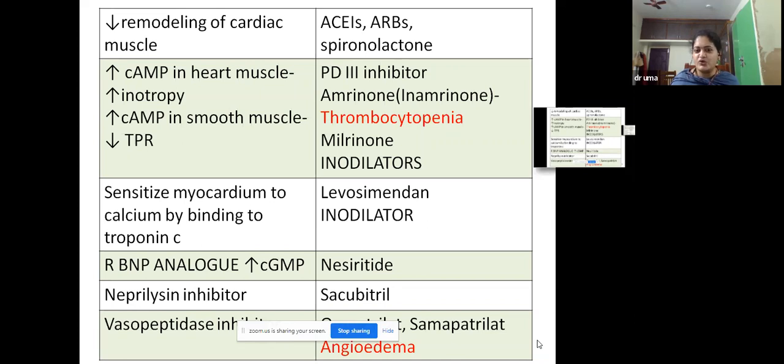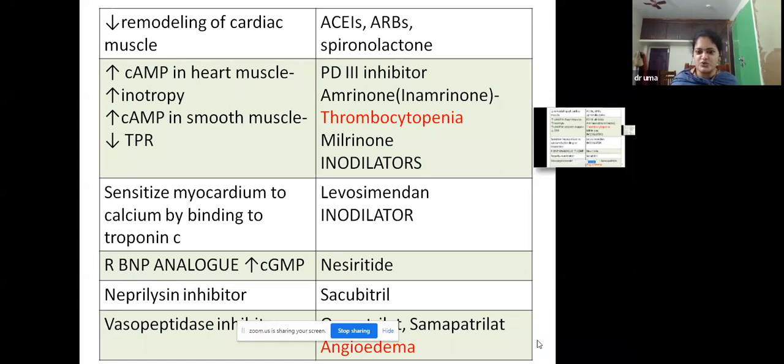Amrinone is more prone to cause thrombocytopenia. Amrinone and milrinone both cause arrhythmias as a side effect. They increase cAMP in heart muscle, increasing calcium influx leading to inotropy, and increase cAMP in smooth muscles, thereby decreasing the total peripheral resistance. So they produce inodilatory effects.